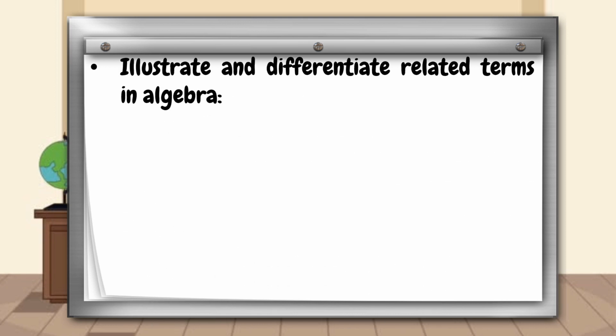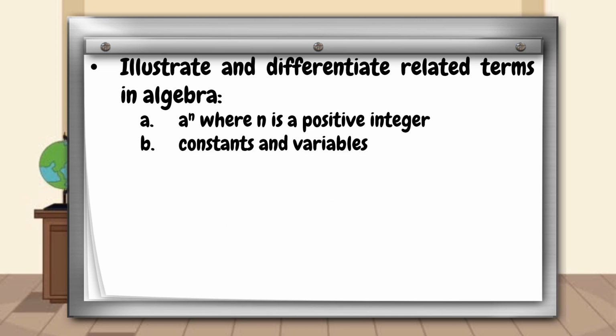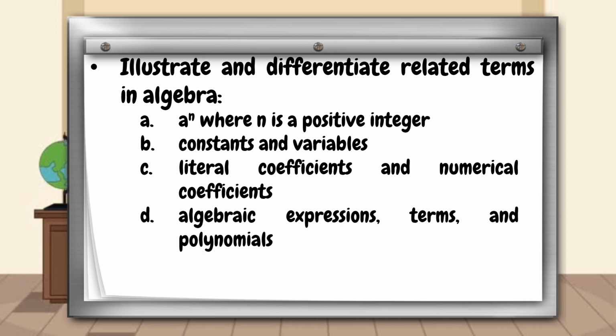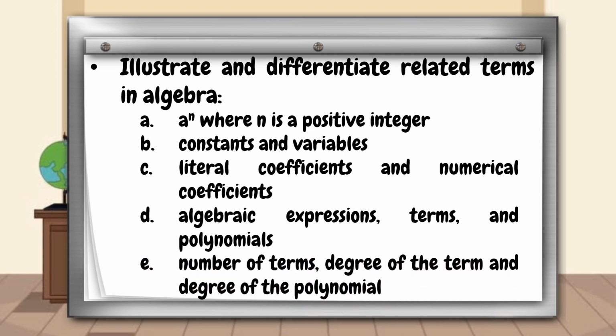Moreover, you are expected to illustrate and differentiate related terms in algebra: a sub n, where n is a positive integer, constants and variables, literal coefficients and numerical coefficients, algebraic expressions, terms and polynomials, number of terms, degree of the term, and degree of the polynomial.